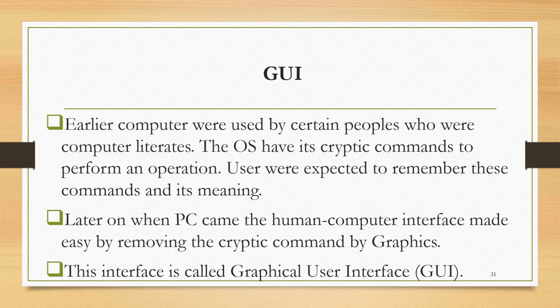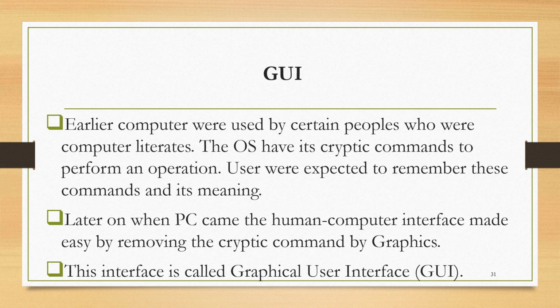They were available only to scientists or some special people who were computer literate. While using the computer, they used to use some commands, called cryptic commands. It has its own grammar, some special characters, and sometimes a lot of complicated commands.